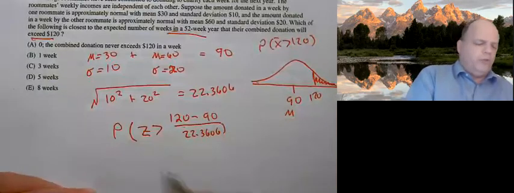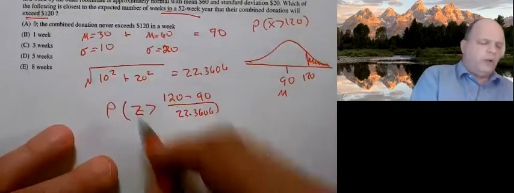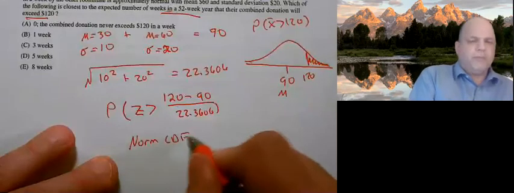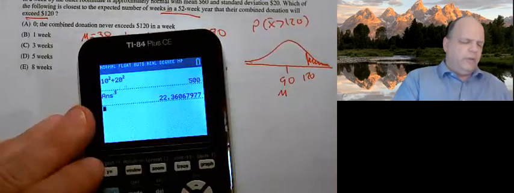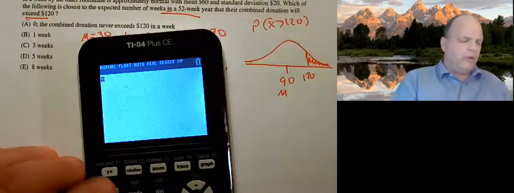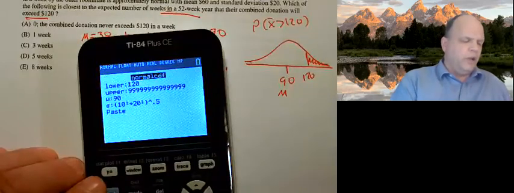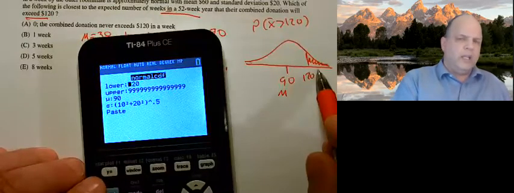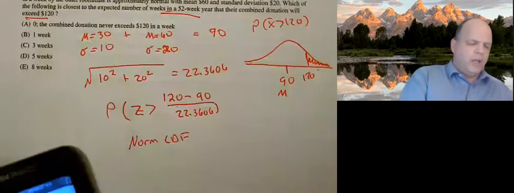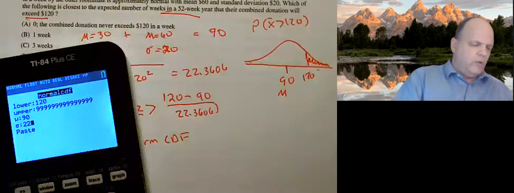The quickest way is with a calculator, going to the norm CDF. In the norm CDF, second bars, norm CDF, lower bound 120, upper bound positive infinity. Our mean is 90, and our standard deviation is 22.3606.